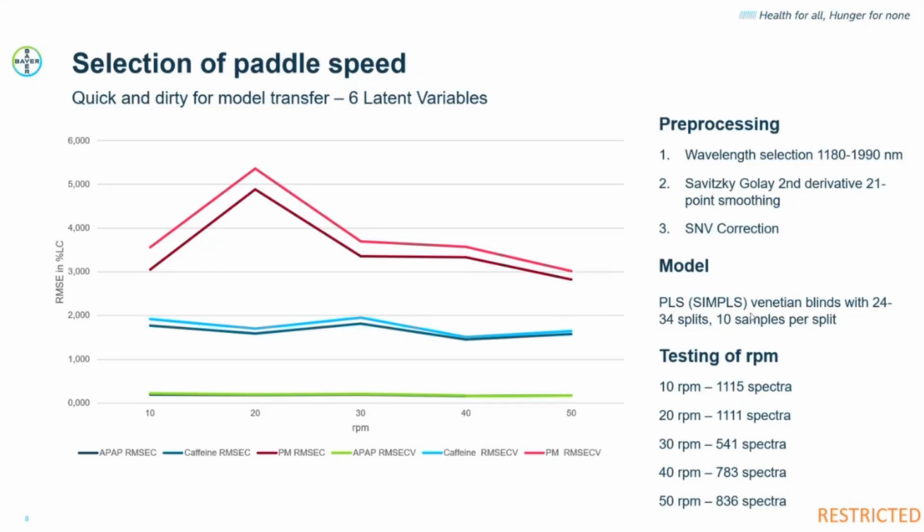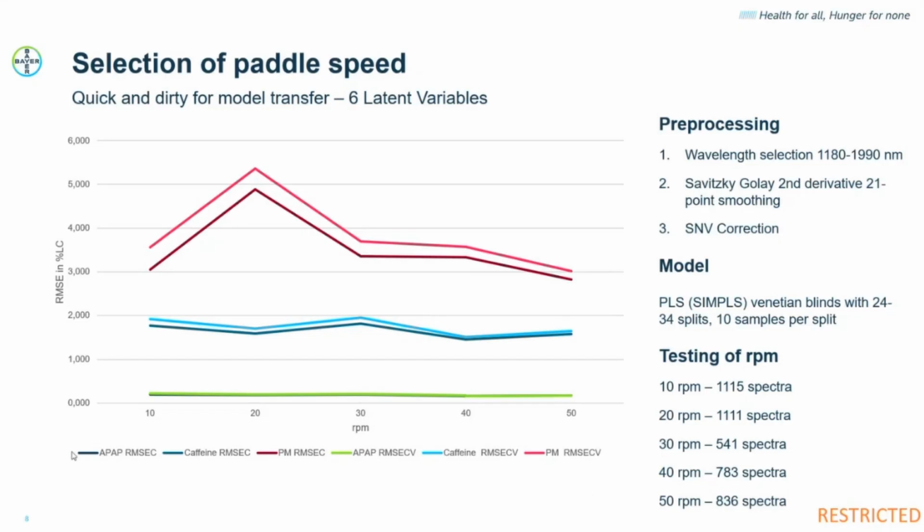We used venetian blinds with 24 to 34 splits, 10 samples per split, and we try to align it because apparently there's a varying amount of spectra depending on the RPMs that you're using, to have the same ratio that is taken out during our cross validation.